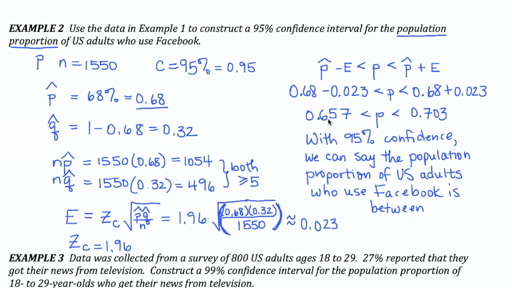So now I can move the decimal place 2 places over in each of these numbers, and I can say is between 65.7% and 70.3%. And again, the power here is that based on the results that I got in a sample, I'm able to predict the percentage of people who use Facebook in the entire US adult population. So it's this idea of generalizing from a sample to the entire population.